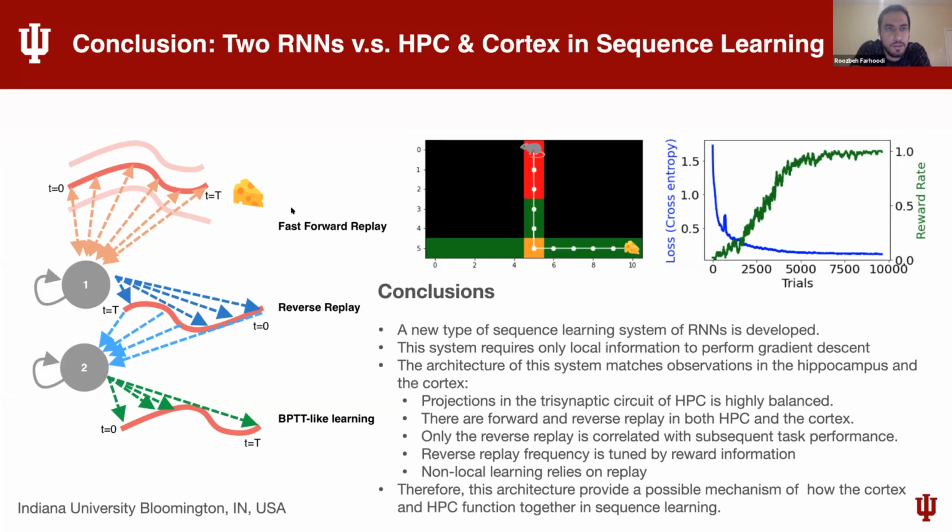That's an interesting question. Basically, this model matches some lesion studies. You can view this RN1 as a fast cache, which can be the hippocampus, right? And the RN2 can be a general model of the cortex.